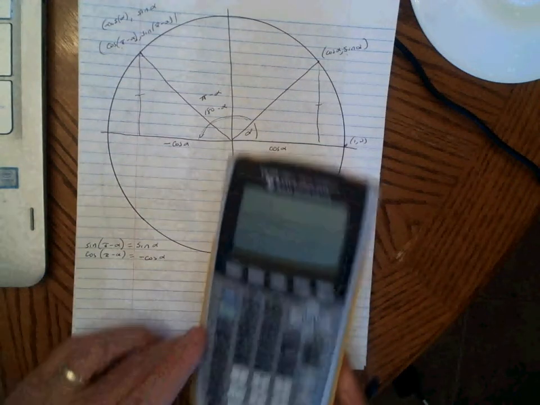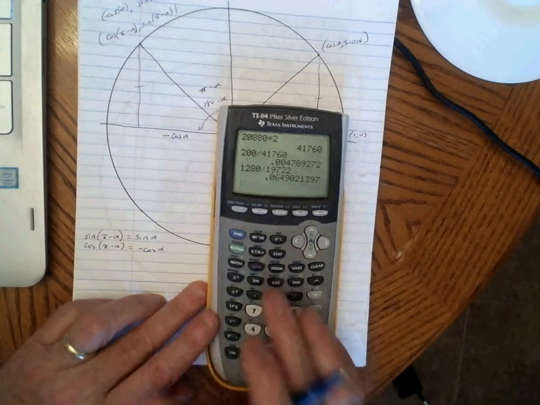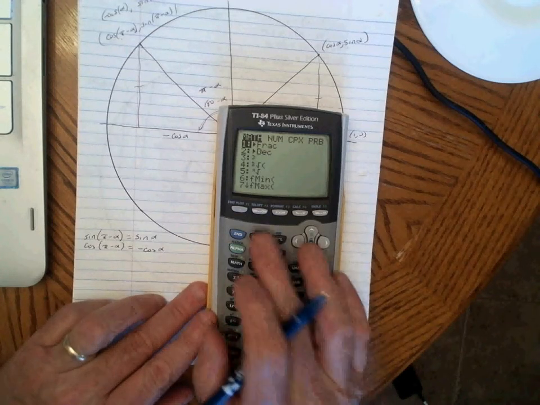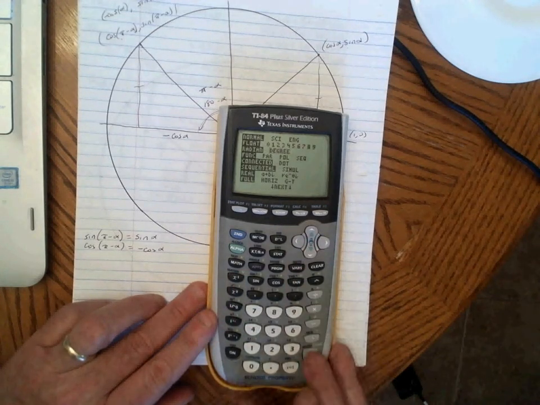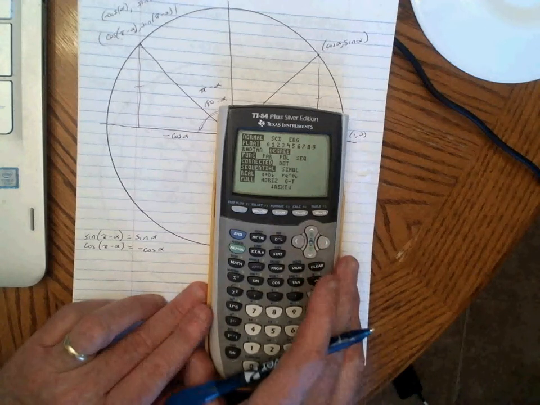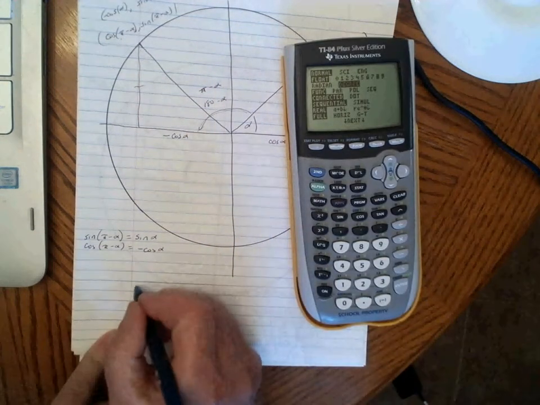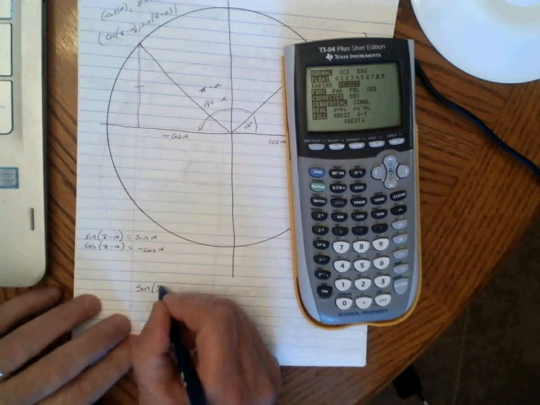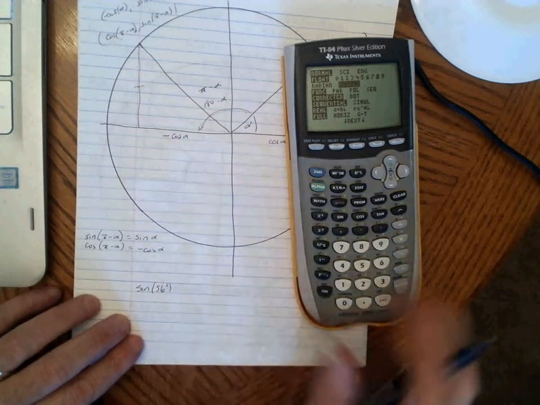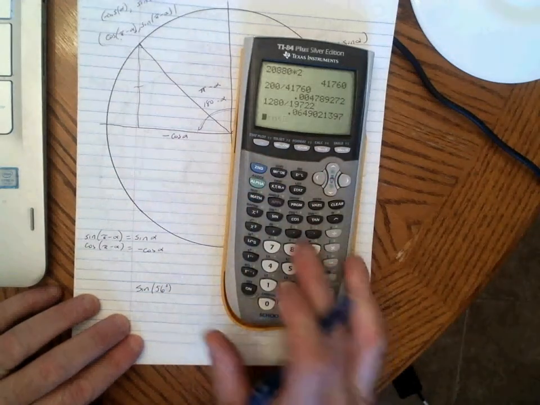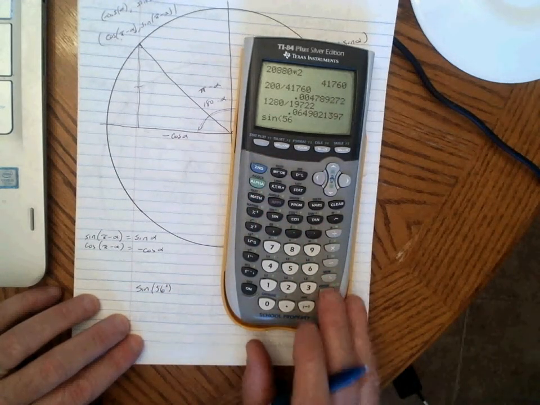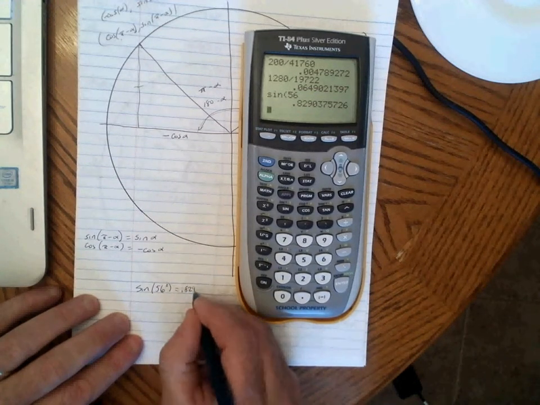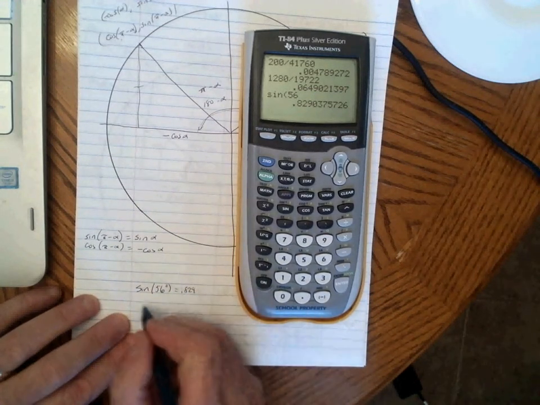Let's verify these on the calculator real quick. Let's look at a couple numbers. Let's do it in degrees just because it's easier to subtract from 180. So I'm going to go mode, make sure I'm set on degrees, and let's do an example. Let's say the sine of 56 degrees, and that's 0.829.